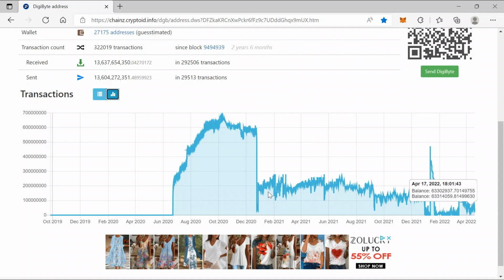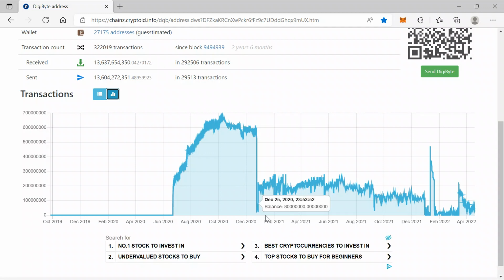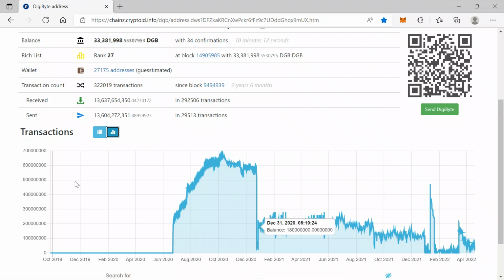This right here is where we started seeing the accumulation begin. So this drop off right here most likely was just a transfer of coins, but that's more speculation than anything else, but you can see where they're at.